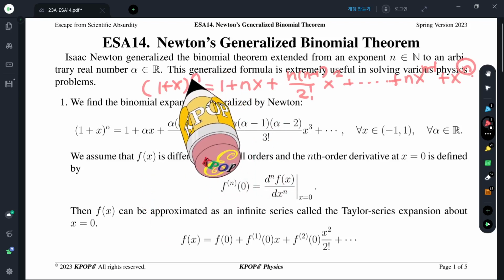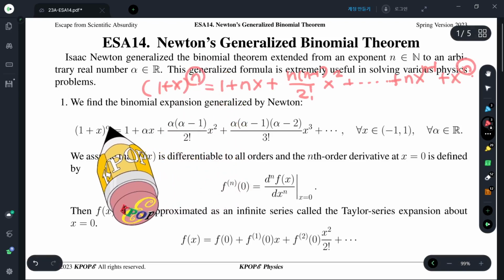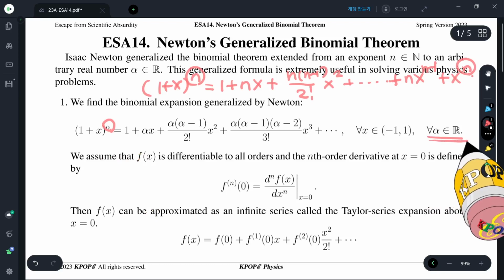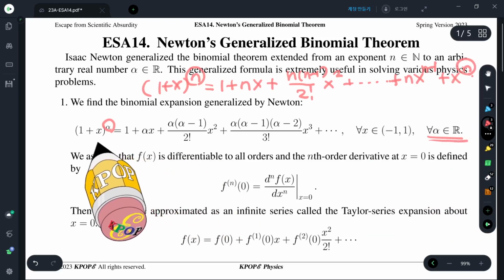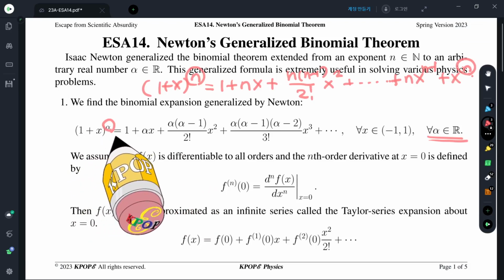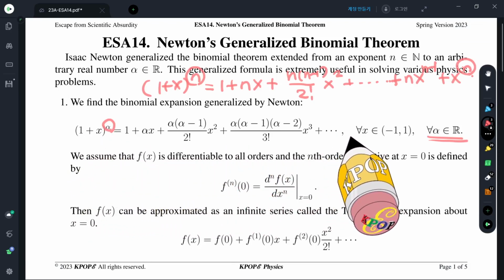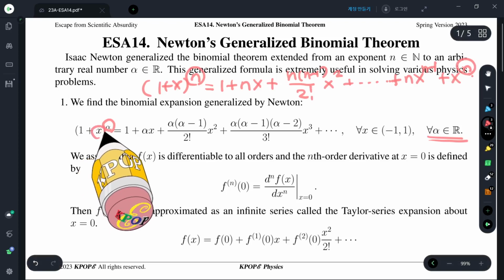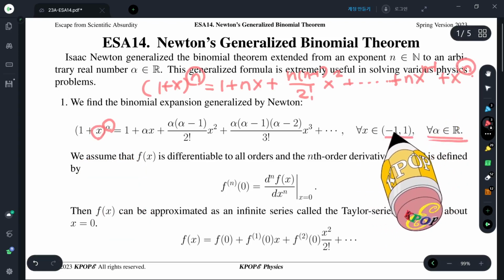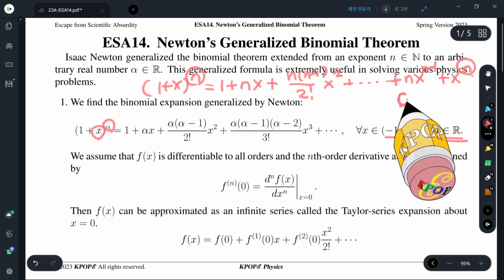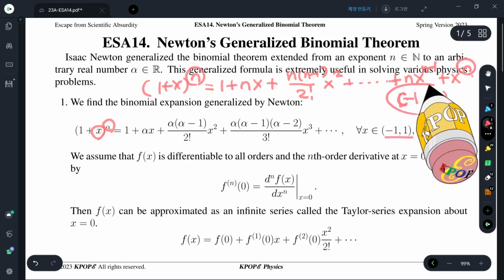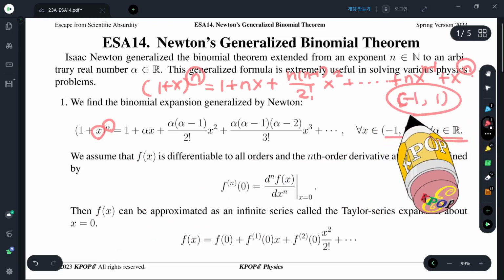Once we extend this power to any real number, to make sure this series is a convergent series, we should choose x in the region excluding minus 1, okay, between minus 1 and 1.